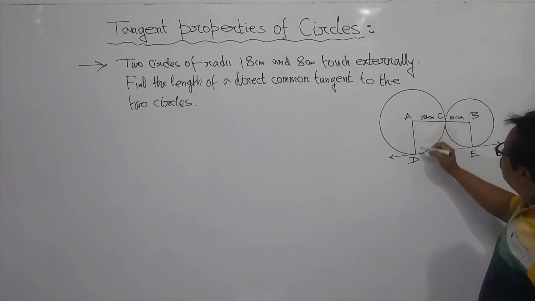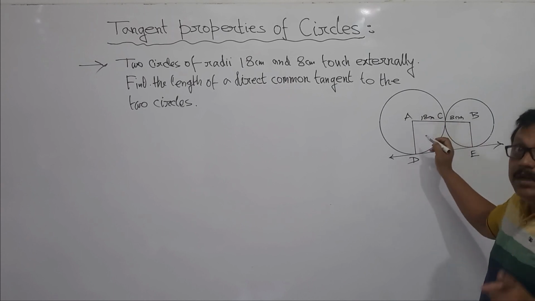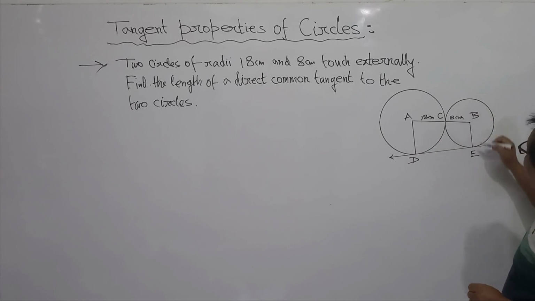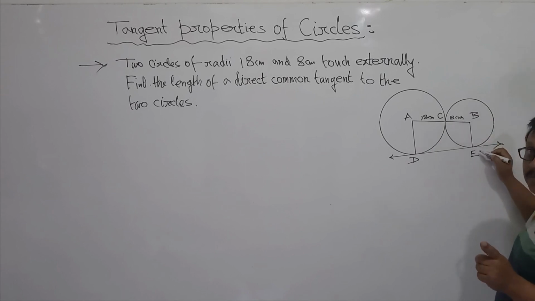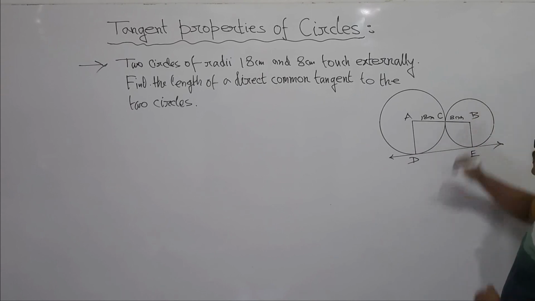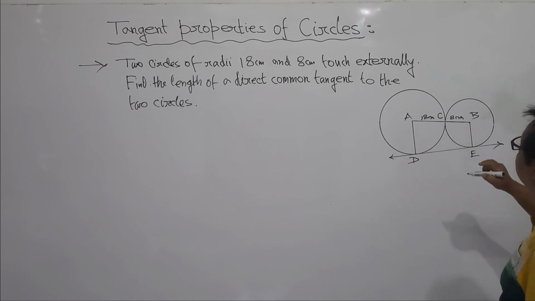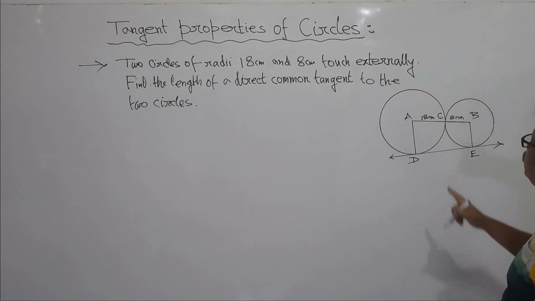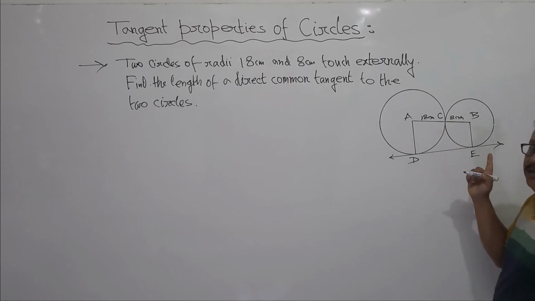AC is equal to AD because they are all radii of the circle. Similarly, BC and BE are the same radius of the same circle with center B. Here DE is drawn, the direct common tangent. You have to find the length of DE. Correct?